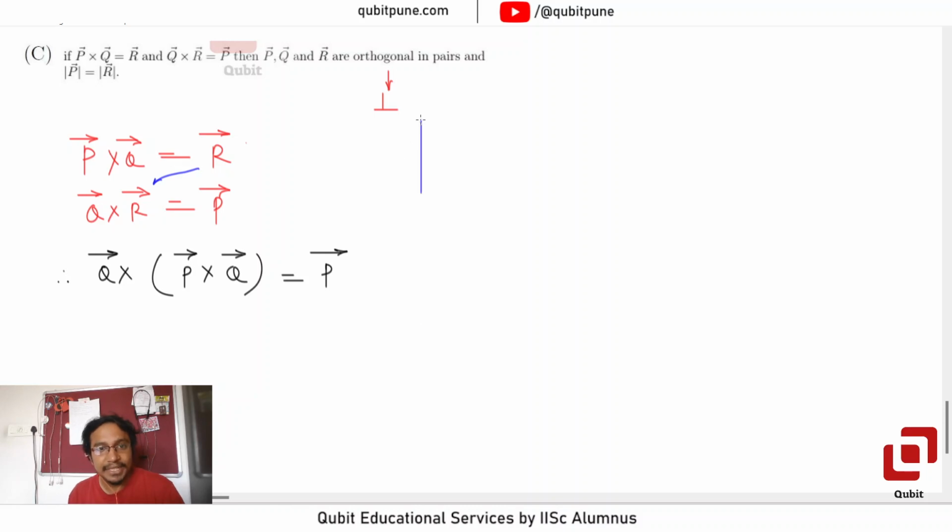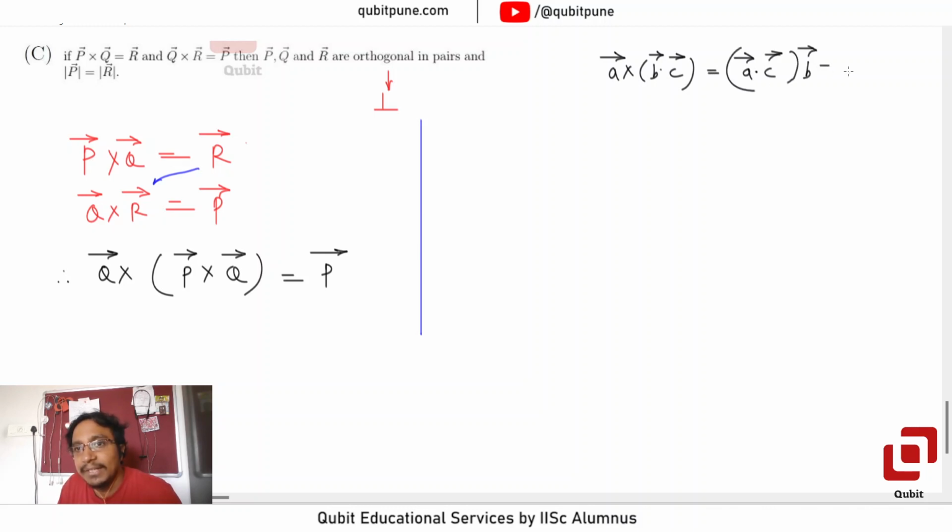Now what can be done? We can again use that identity. Which identity? A bar cross B bar cross C bar is equal to A dot C B minus A dot B C.